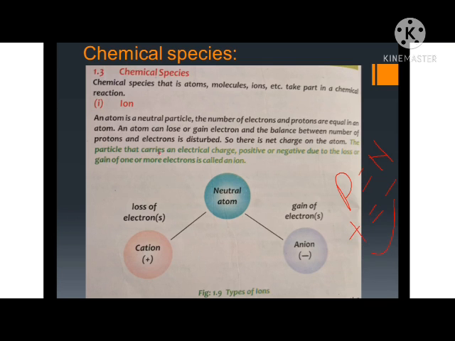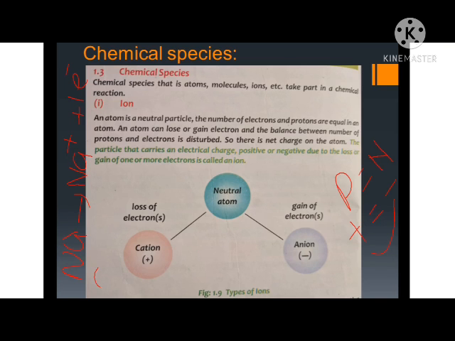But the particle that carries electrical charge, positive or negative, due to the loss or gain of one or more electrons, is called an ion. If we consider sodium, which is neutral, and it loses one electron, it will get a positive 1 charge, and this positive 1 will be called an ion.